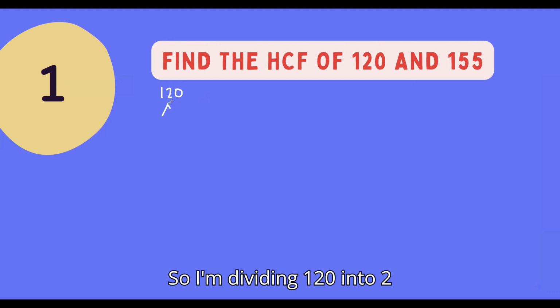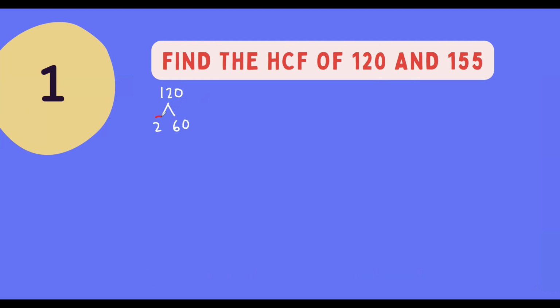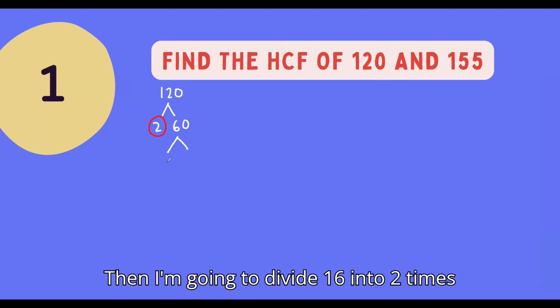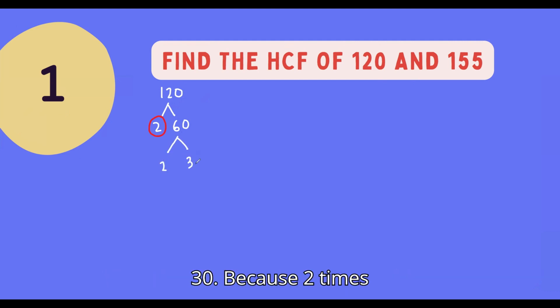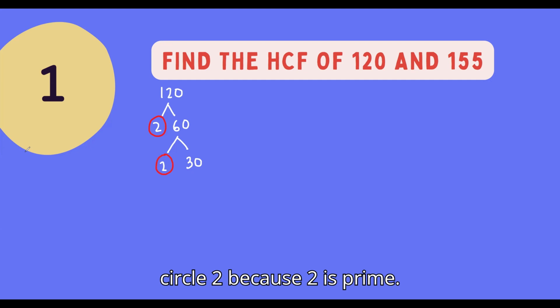So I'm dividing 120 into 2 and 60. 2 is prime, so I'm going to circle 2. Then I'm going to divide 60 into 2 times 30, because 2 times 30 is 60. And again, I'm going to circle 2 because 2 is prime.